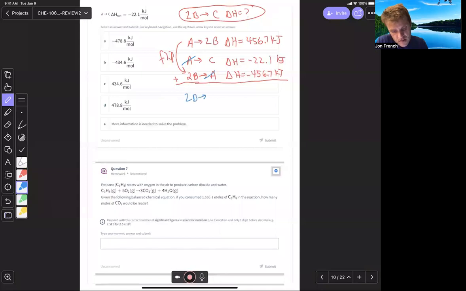I get 2B goes to C. I get a delta H of minus 478.8 kilojoules, or choice A for question 6. All right, so Hess's law: we can flip those, we can multiply, we can divide those. So 1 down.